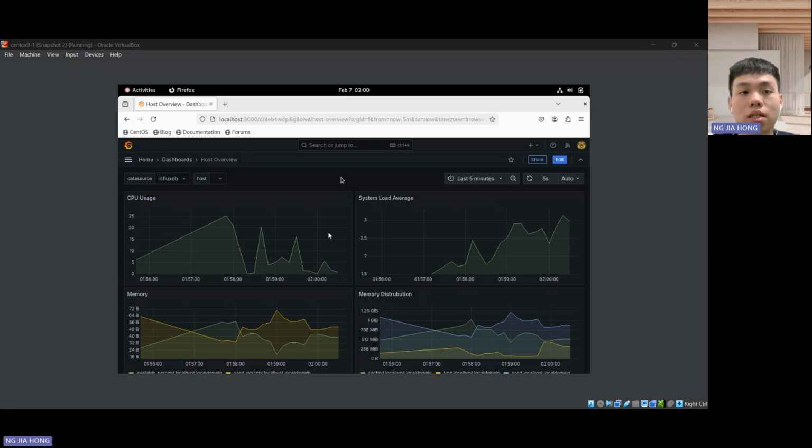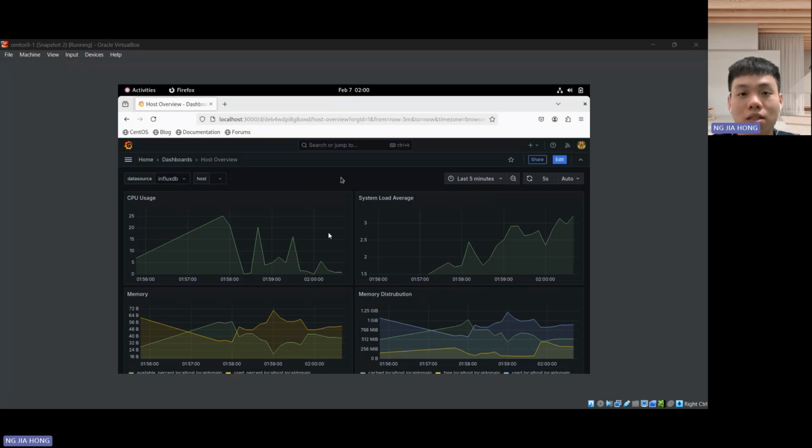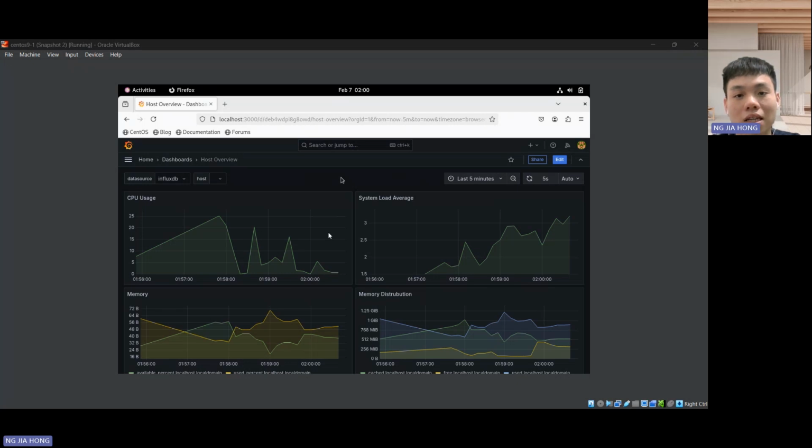The second one would be the system load average, where it will display the average number of processes waiting for CPU resources. The higher the value, the more it indicates that the system might be overloaded.